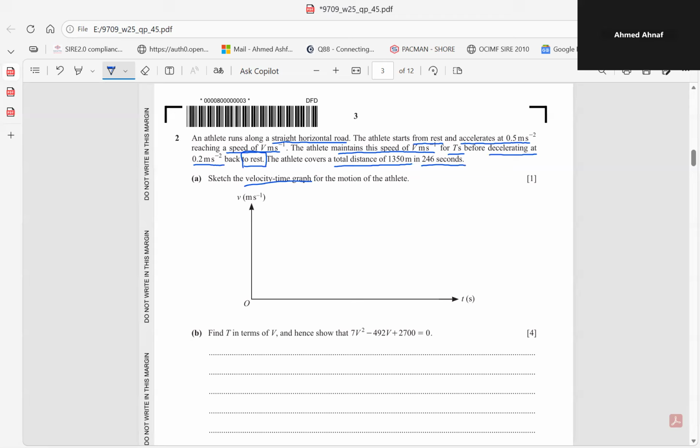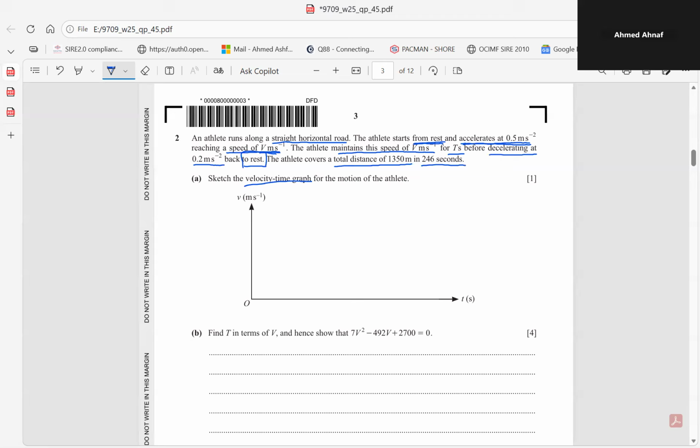So it starts from rest and then it accelerates at 0.5 meters per second squared. The acceleration is constant until it reaches this v meters per second. If the acceleration is constant, that means the gradient of your v-t graph for that section will be constant.